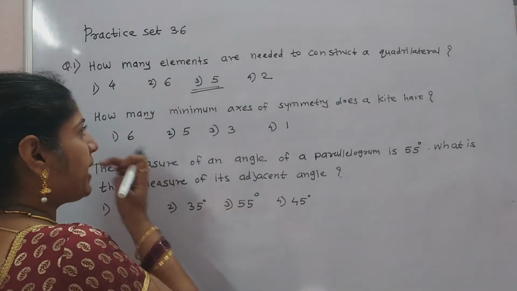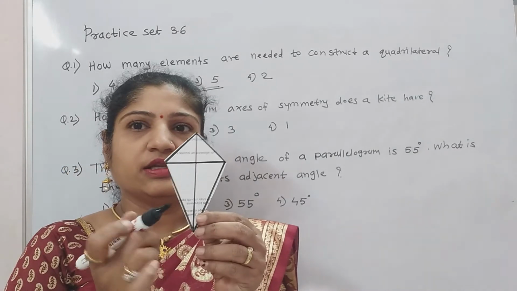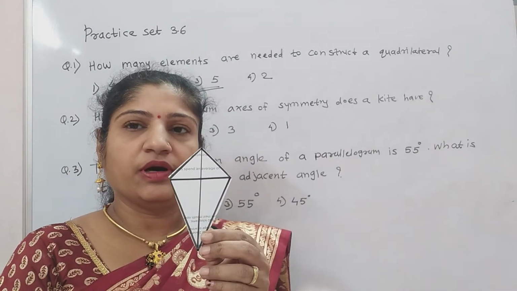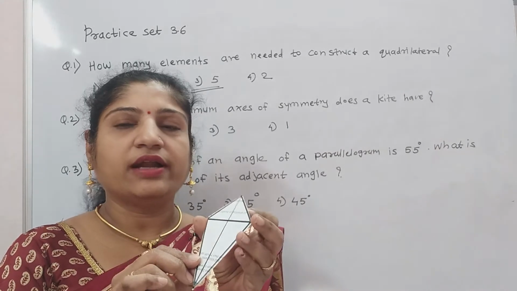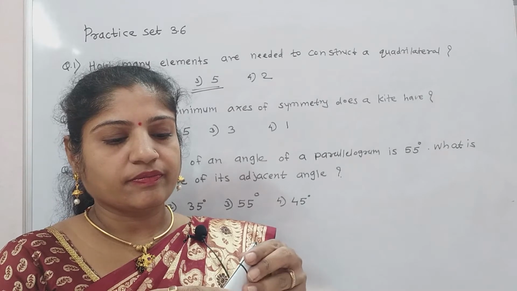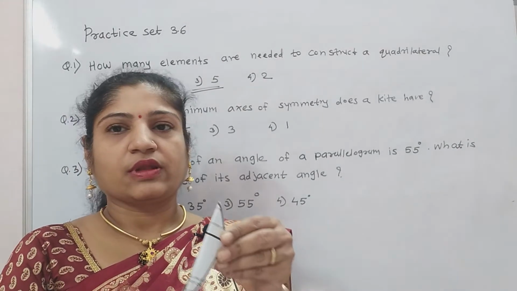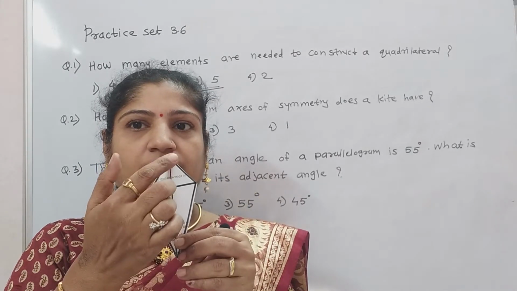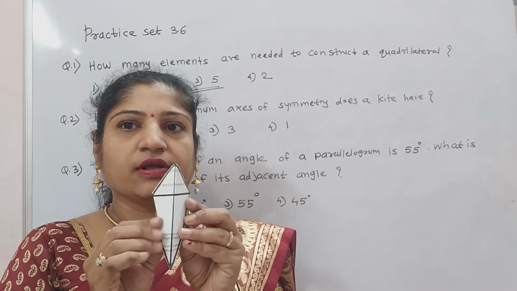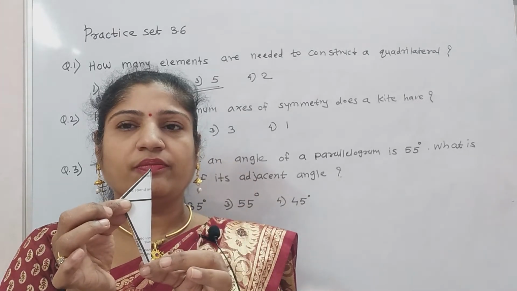How many minimum axes of symmetry does a kite have? This is the kite, and we have to fold this paper so that there is symmetry. If I fold along this diagonal, then there is symmetry; 2 equal parts are made.